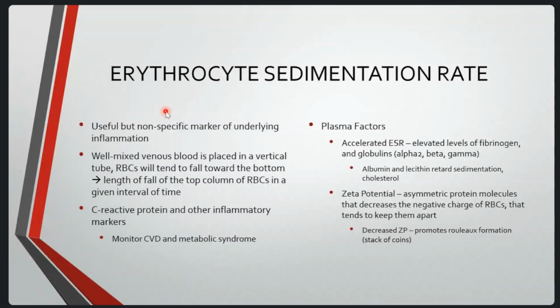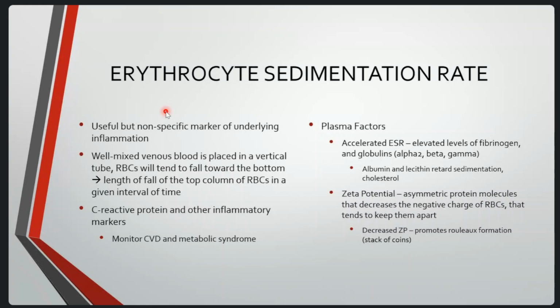Next, we have the ESR, or the erythrocyte sedimentation rate. This is a useful but non-specific marker of underlying inflammation. In here, we use well-mixed venous blood that is placed in a tube, like a pipette. And then you secure it upright, so that the red blood cells will tend to fall towards the bottom. Then you measure the length of fall from the top of the column of red blood cells, and that is your ESR.